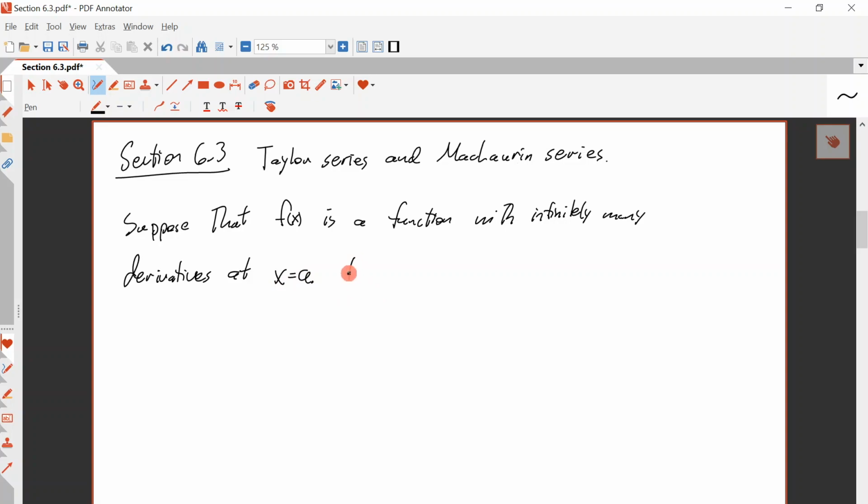What does that mean? That is, the zeroth derivative f(0)(x) equal to f of x exists at x equal to a. Look at the notation here, this is a little new.